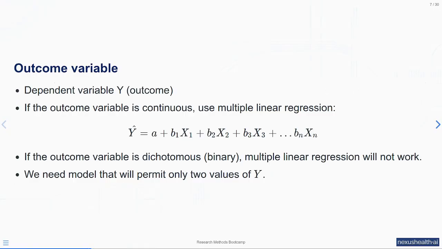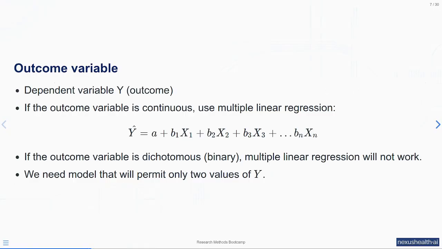If the outcome variable is dichotomous, binary, that is, it takes two levels, then the multiple linear regression approach is not going to work.